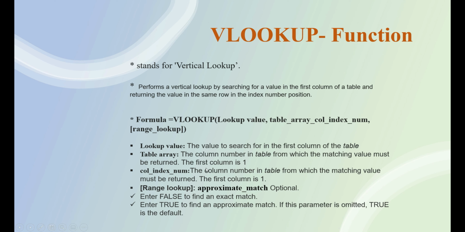Lookup value is the value you want to search in the first column of the table. Table array is the table you want to search the lookup value from. And the column index is a column number in the table from which the matching value must be returned.